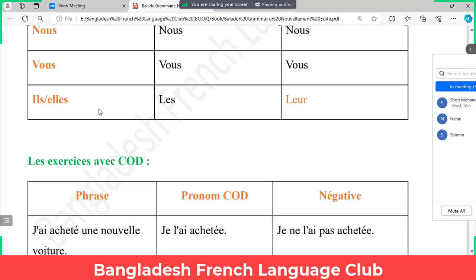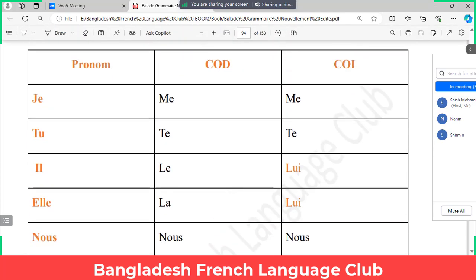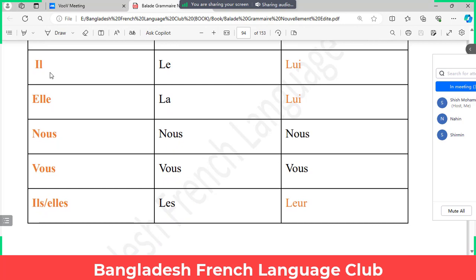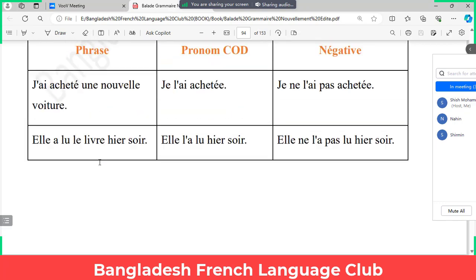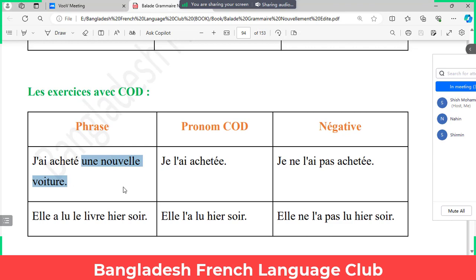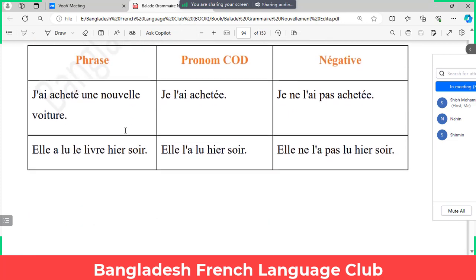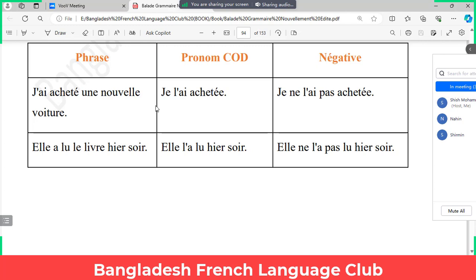So you have just seen that the COD, I mean direct object complement, for il is le, elle is la, and ils is les. So une nouvelle voiture is related to which one? La, right? Yes, so we can replace it with la.